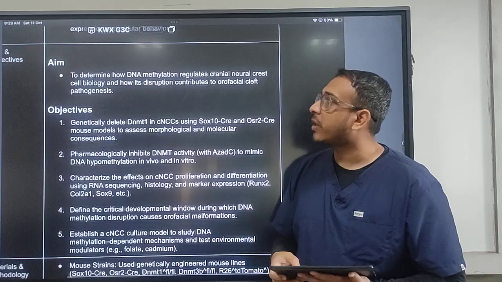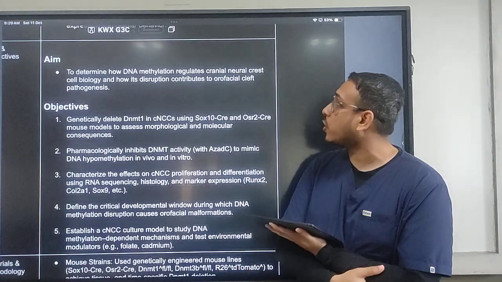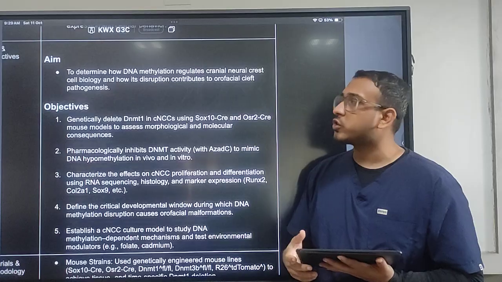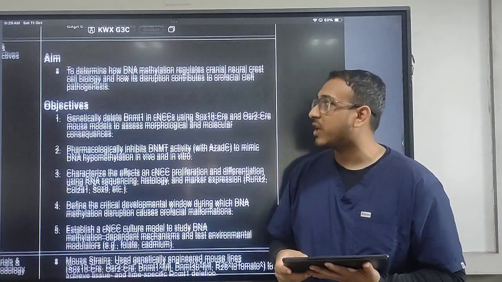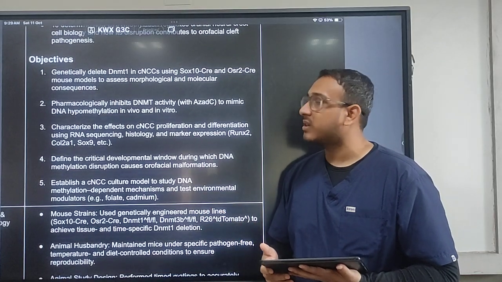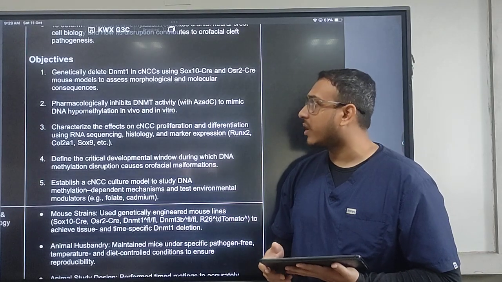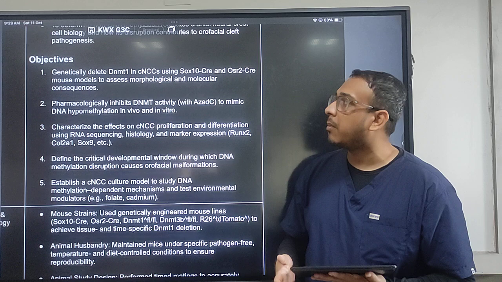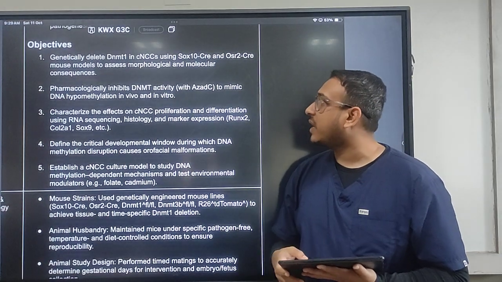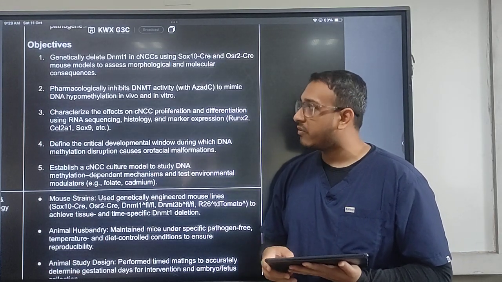Their aim was to determine how DNA methylation regulates craniofacial neural crest cell biology and how its disruption contributes to orofacial cleft pathogenesis. For the objective, they genetically deleted DNMT1 in CNCCs using these recombinant mouse models to assess morphological and molecular consequences. They also pharmacologically inhibited DNMT activity to mimic DNA hypomethylation in vivo and in vitro.